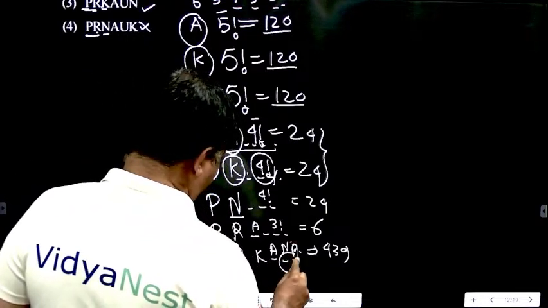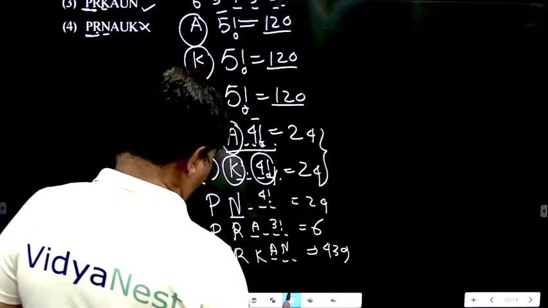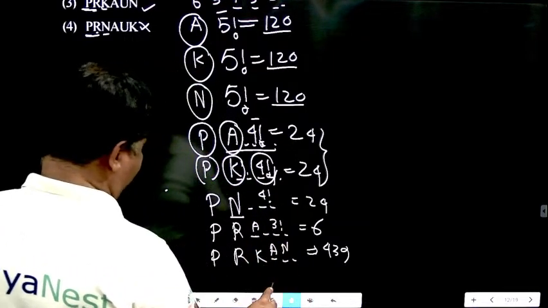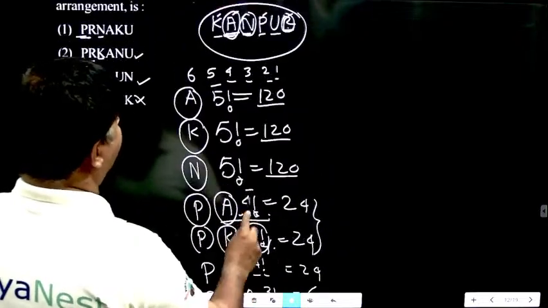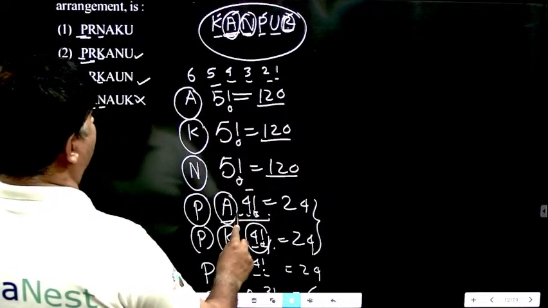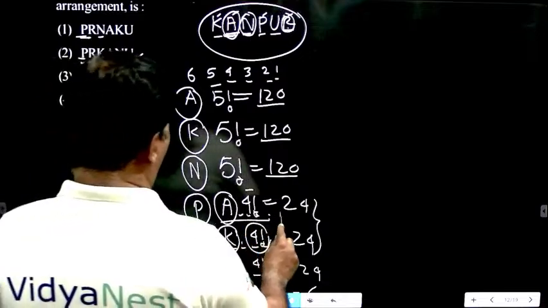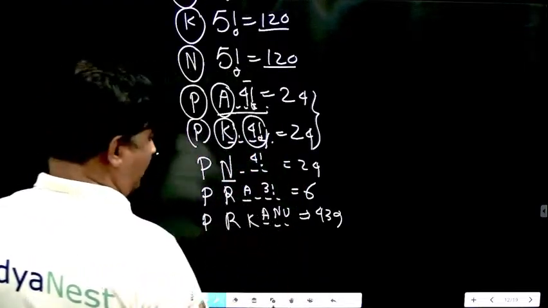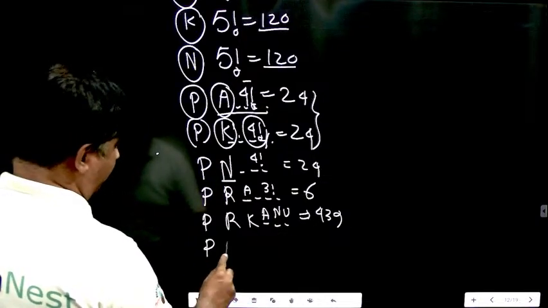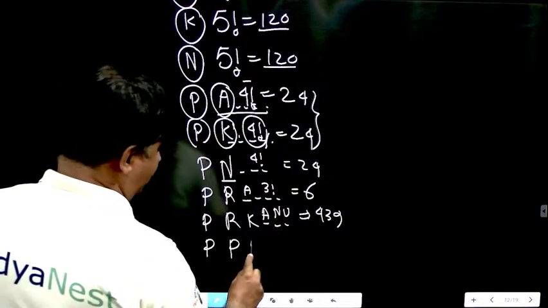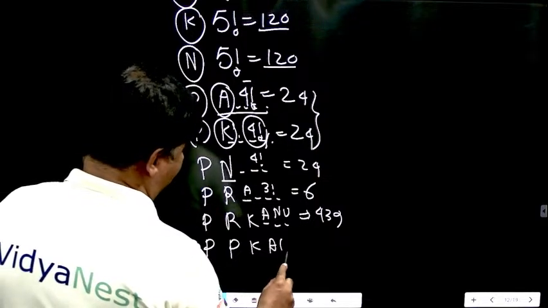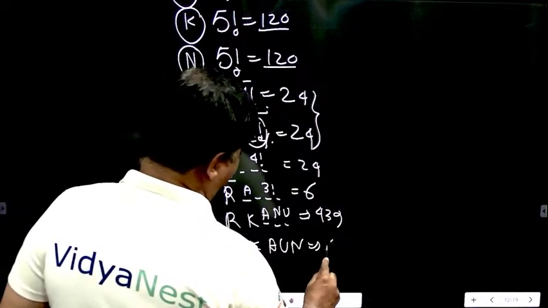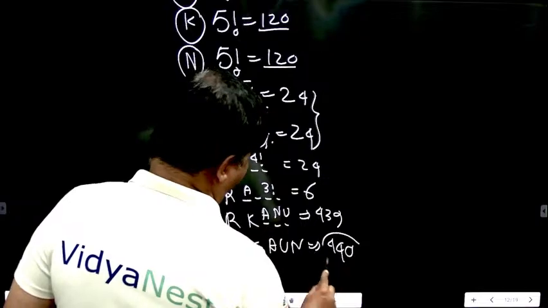Then what is left? P R K A and U, sorry, mistake, U. So for the 440th position, K A U N. That position indicates 440.